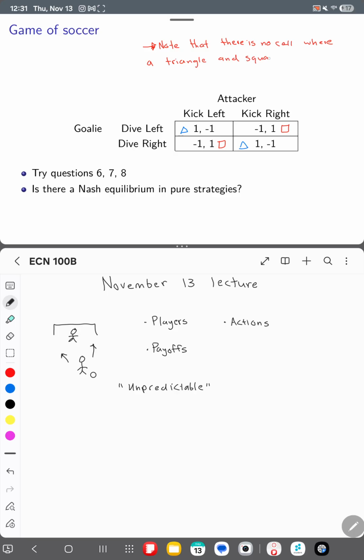Think about each of the cells that you can see there, and what you would realize is each cell has a triangle or a square, but there is no cell which has both a triangle and a square. And what that means is the strategy we had so far, the algorithm we had so far, doesn't exactly work here, because we would be in the business of finding a cell where a triangle and a square coexist. It just doesn't happen in this case. And that means that we need to do something else. Okay? So this is an important thing to note. And that means that we need to look beyond.